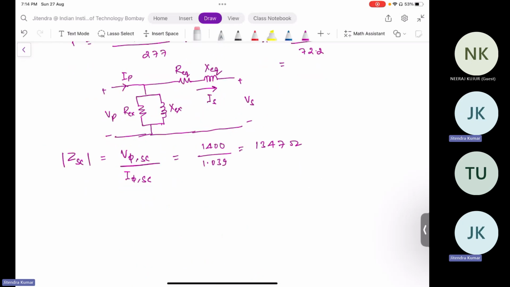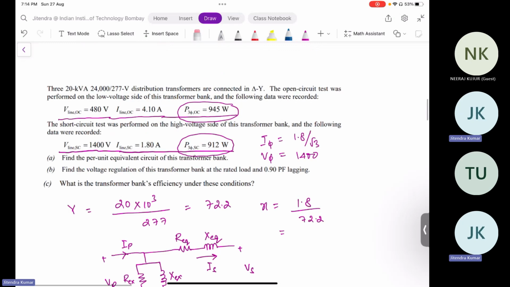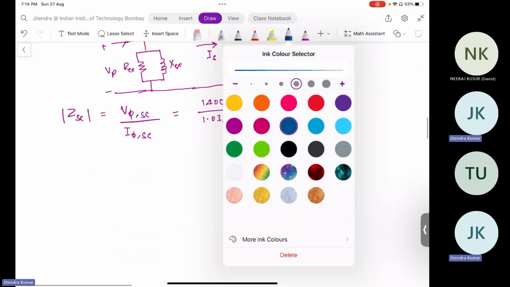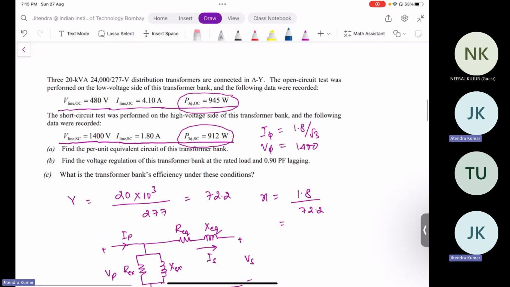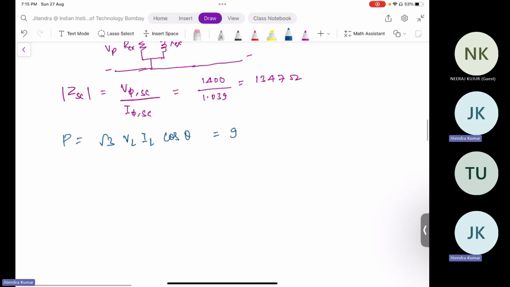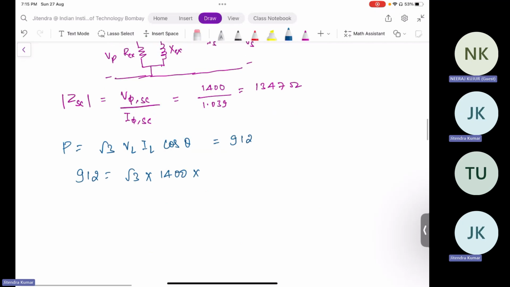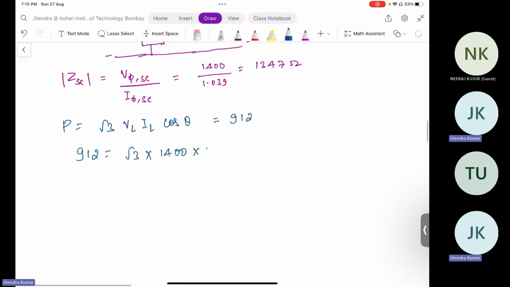Now power we know: it is root 3 VL IL cos theta, and the power is given as 912. So we can equate 912 is equal to root 3 times VL, which is 1400, times IL, which is 1.8.